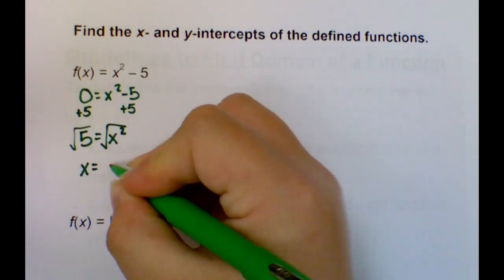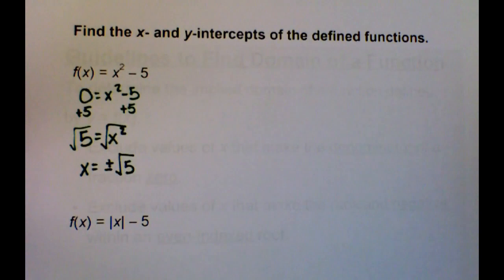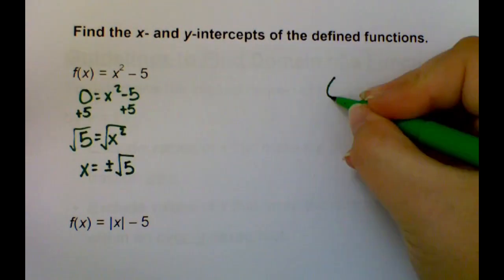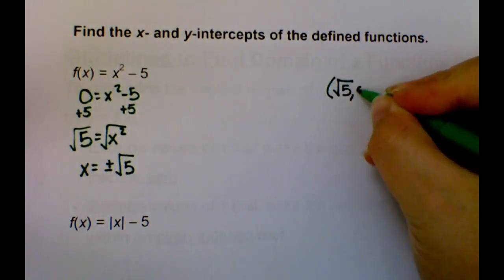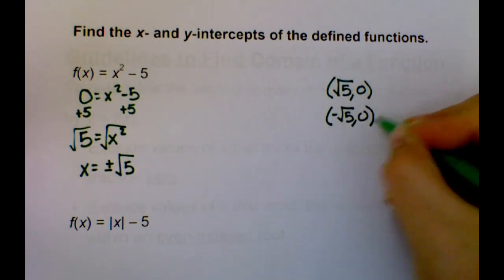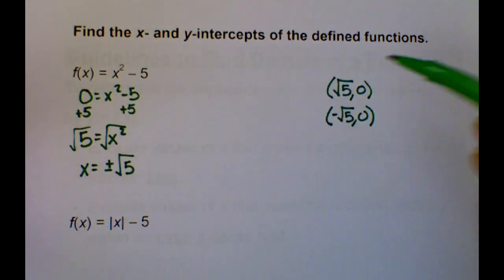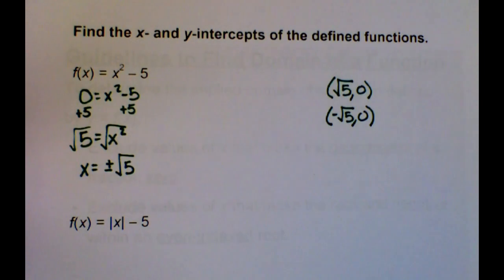And when I square root 5, I get positive or negative square root of 5. Which means my two intercepts there are positive square root of 5, 0, and negative square root of 5, 0. When we solved, yes, we can write it the lazy way with a plus or minus, but when we write the intercepts out, we have to actually separate it, write the two different intercepts.